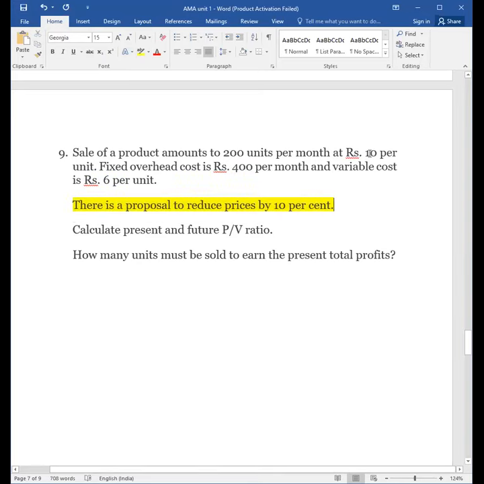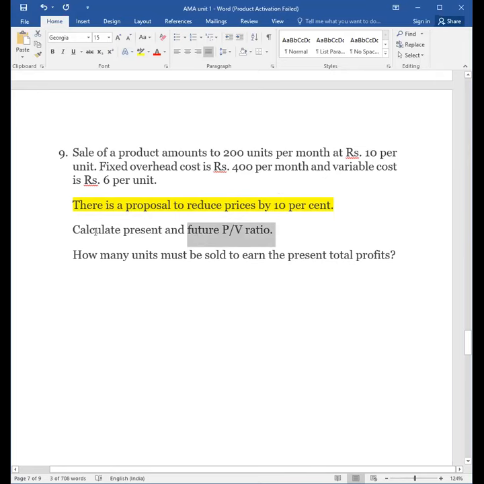That means if the sale price comes down from 10 rupees minus 10%, then what will be the change in the PV ratio? So we need to calculate two PV ratios, for the current selling price and for when the selling price is changing. The selling price is reducing by 10%.